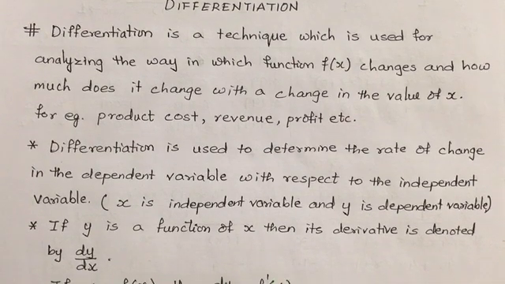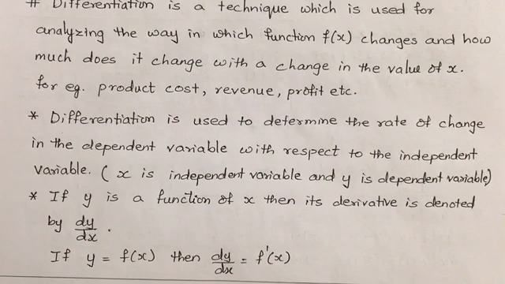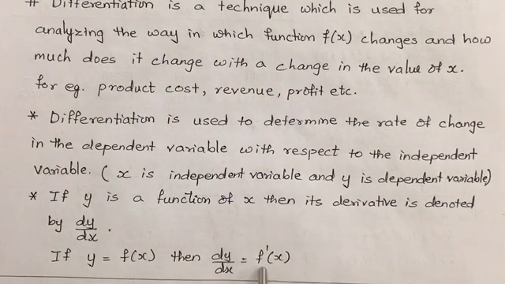Now if the function is given in the form of f(x), that is, instead of y, if it is given f of x, then dy by dx is denoted as f dash x. Now f dash means derivative of function f with respect to x.